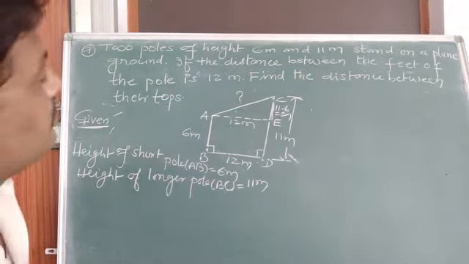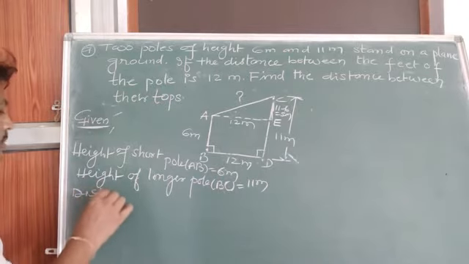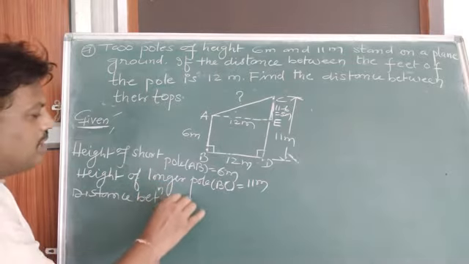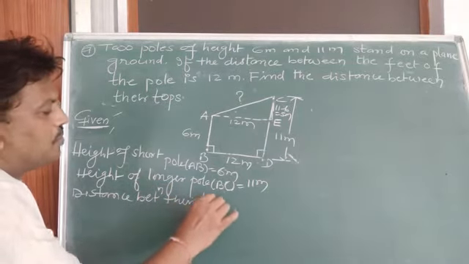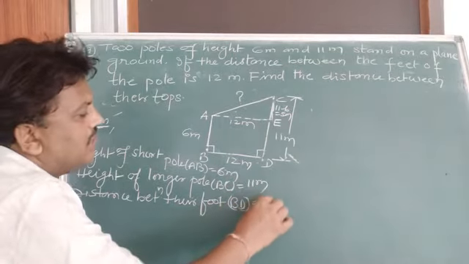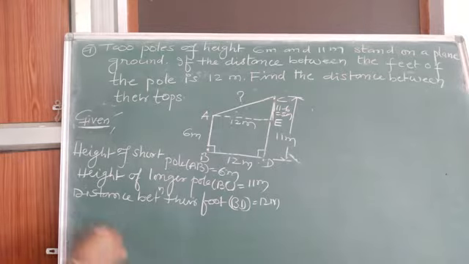Okay, children. Now the distance between their feet, that is BD, is equal to how much given? 12 meter given, children. So what do you have to find out?